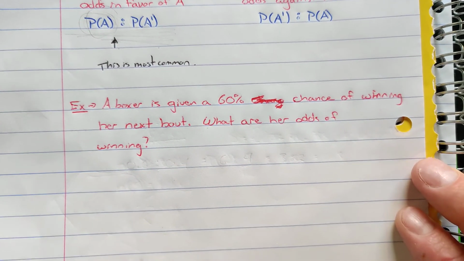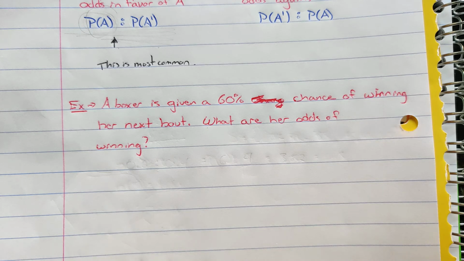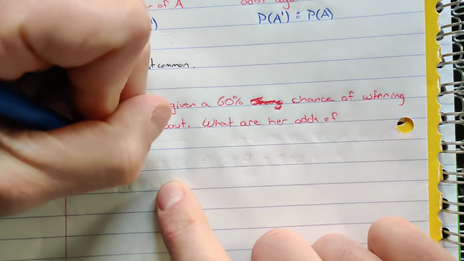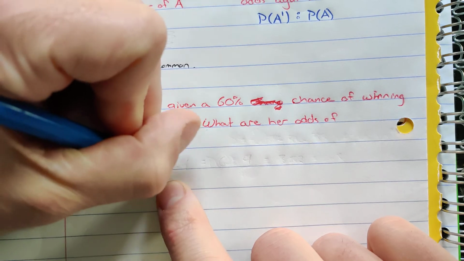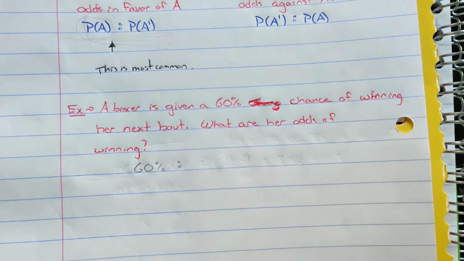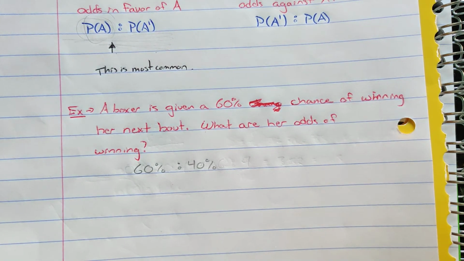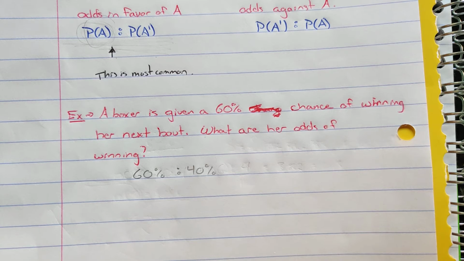So in the case of the example, a boxer is given a 60% chance of winning her next bout. What are the odds of her winning? Well, 60% to the odds of not winning, which must then be 40%. So the odds of winning are 60%, the odds of not winning are 40%. Now, we won't usually write ratios this way.